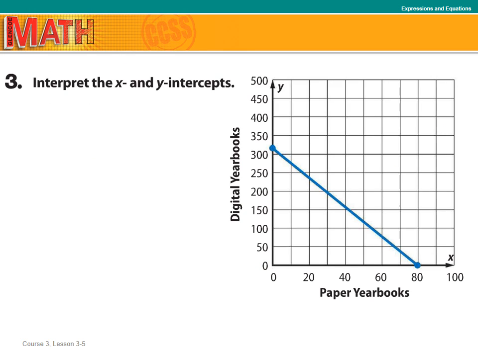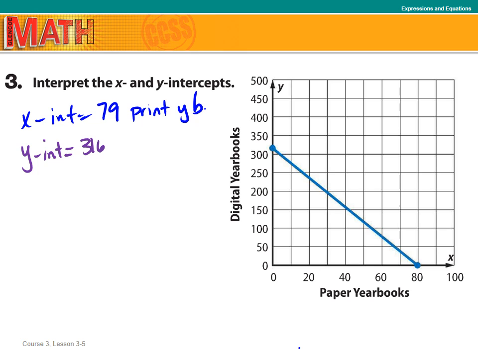Example 3 is a follow-up to example 2. We got that the x-intercept was 79, and the x represented print yearbooks. I'll write YB for yearbooks. My y-intercept was 316, and that was digital yearbooks.